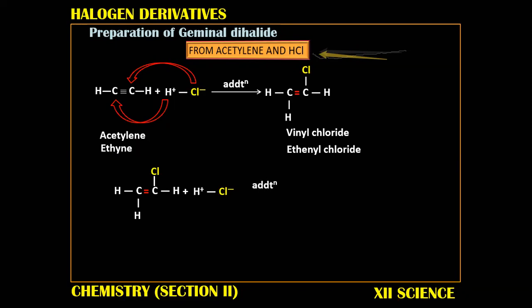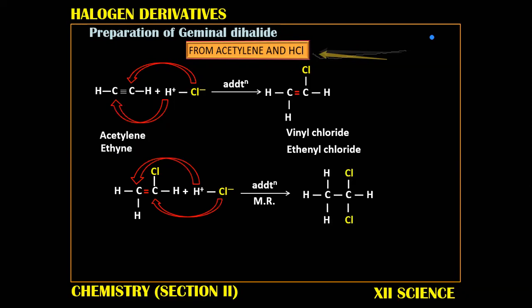the addition takes place according to Markovnikov's rule. Now chlorine will go to the carbon having less hydrogen. So here Markovnikov's rule will be applicable. And therefore we get geminal dihalide. We don't get vicinal dihalide in this reaction. Here we'll get geminal dihalide because the second step is according to Markovnikov's rule.